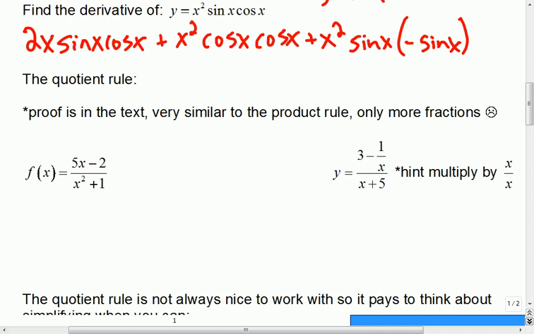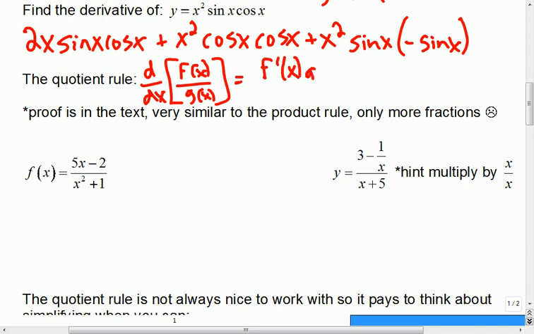So the other rule you're going to learn today is the quotient rule. Now the quotient rule is pretty similar, but there's some more fractions involved, obviously, because we're talking about quotients. So I'm not going to do the proof, but it is in your textbook if you'd like to see it. And what happens for the derivative of f of x over g of x is, and this time the order does matter, it's the derivative of the top times the bottom, subtract the top times the derivative of the bottom.